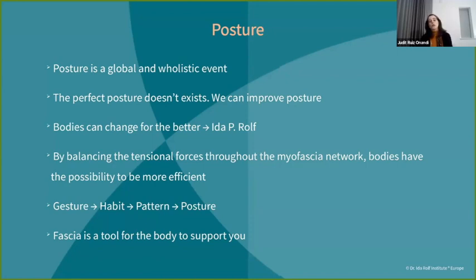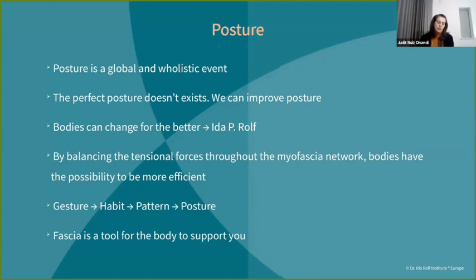And how do I arrive to having the posture I have today? It's because of many reasons, but one of them is habit. So for example, if I have the habit of being 10 hours a day sitting at a computer and I don't do another movement of, for example, opening, my fascia, which is a tool for the body to support me, is going to mold to being very good at keeping me here.